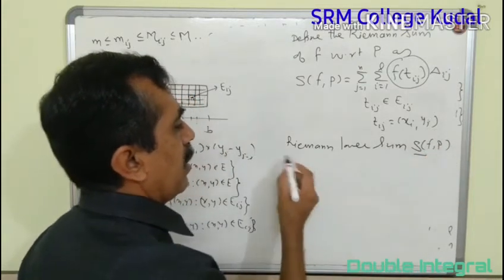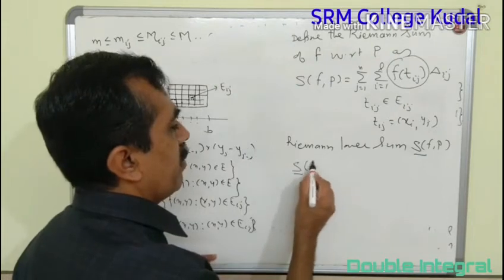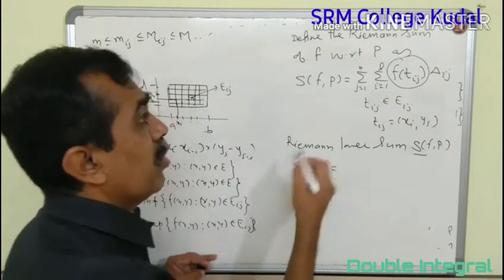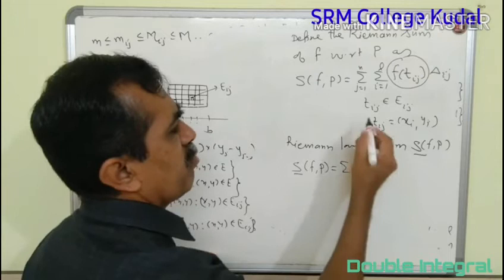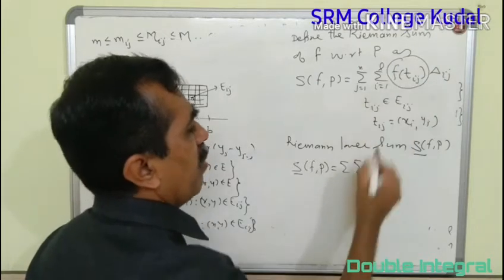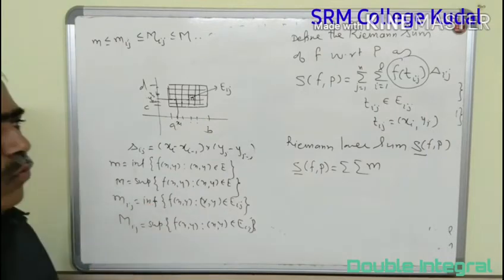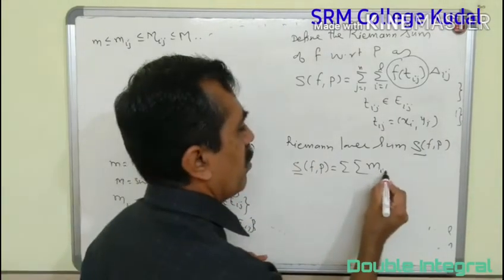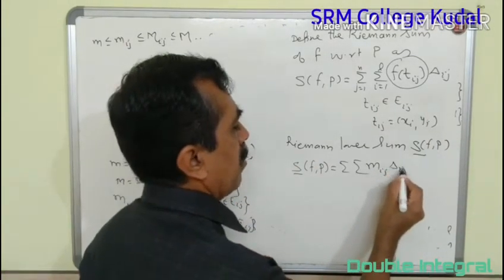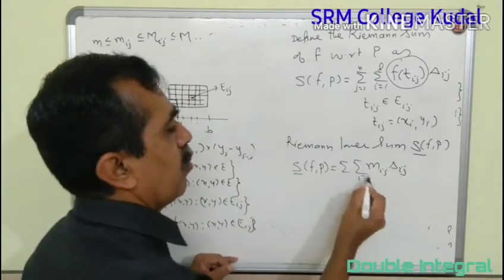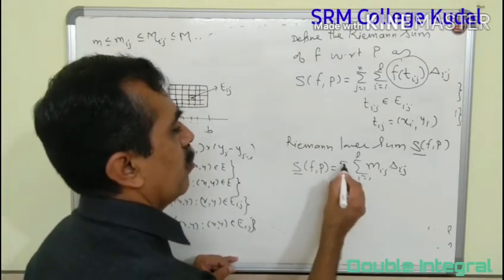Okay, and it is defined as: the Riemann lower sum is equal to the same summation, but instead of taking any value, we take the value of the function as the infimum value on Eij. Again here i runs from 1 to L and j runs from 1 to n.